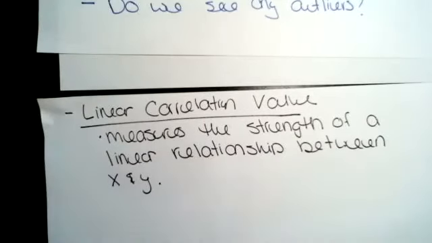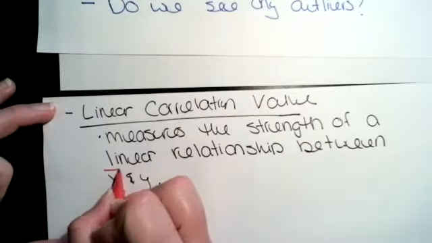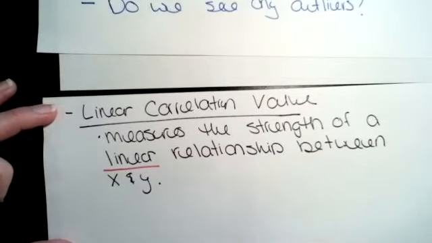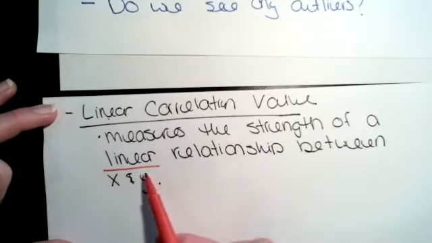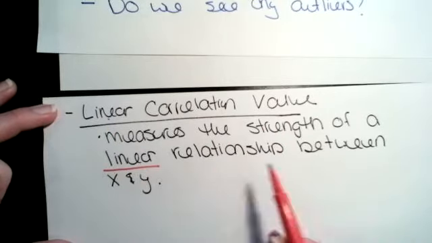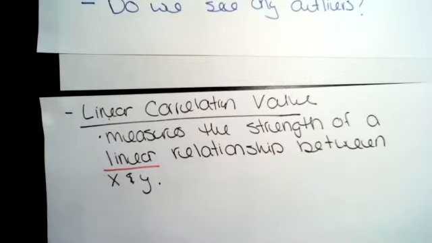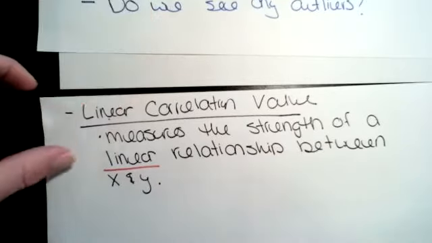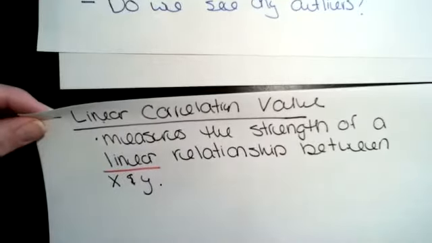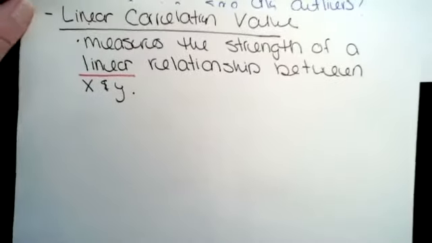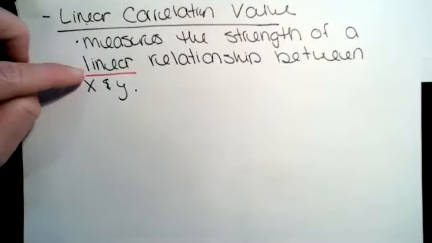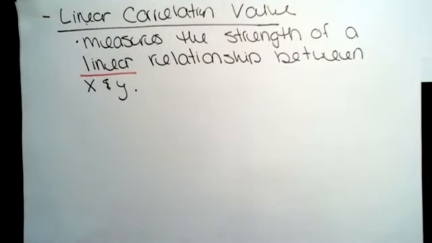So I need to underline this right here, maybe like a red or green, linear relationship. This is a linear correlation value. It measures the strength of a linear, meaning a straight line relationship. It will not measure the strength of a curved relationship. So if you have a scatter plot that has curved, it may be a relationship between x and y, but it might not be a linear relationship. So this is only for linear relationships.